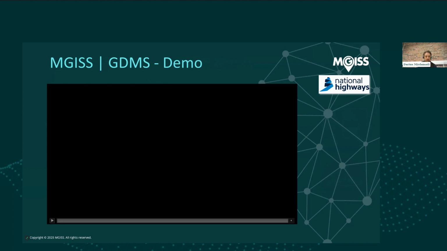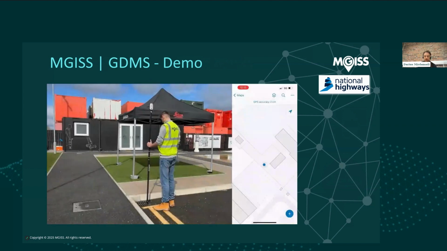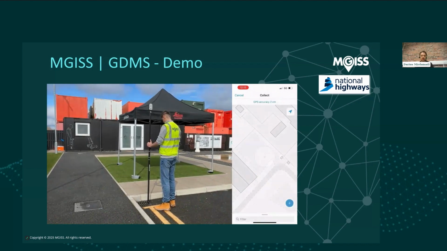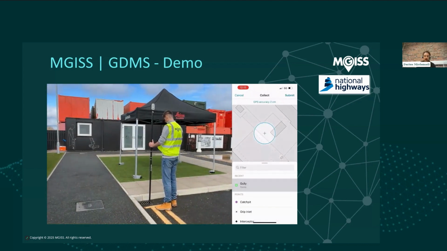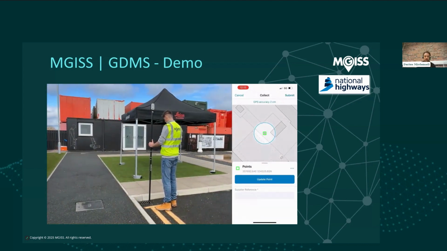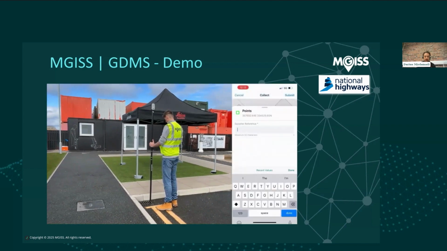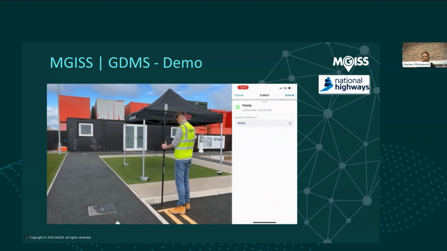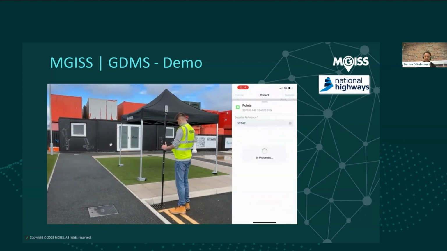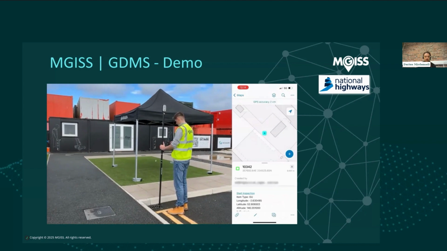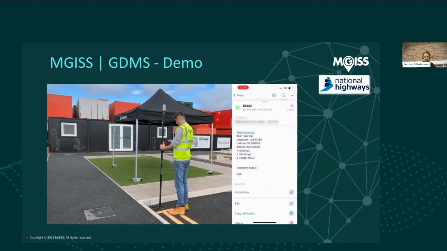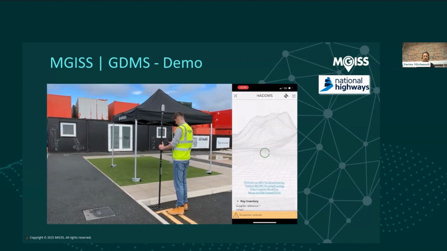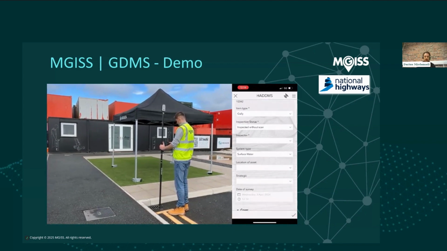Okay, one final video. So this one demonstrates how data capture works for GDMS. The Field Maps data capture app is open at the top of the screen, confirms the accuracy being reflected in the app. A survey item is selected, instantly captures the 3D position of the gully, and a supplier reference is entered and the item is submitted, and that instantly saves that gully to the cloud hosted GIS.